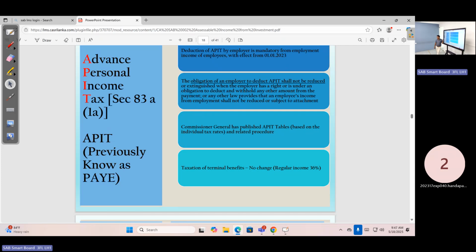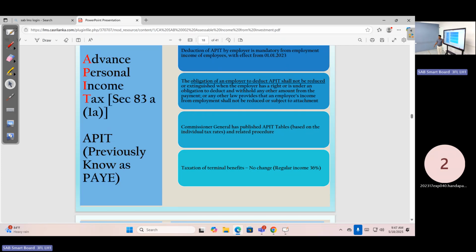Table 3 says once and for all payment. If we apply that table, that is equal to the real tax liability. The reason is that there are some concessions under employment income given to the terminal benefit, like gratuity, compensation for loss of profits, EPF, ETF, that type of thing.